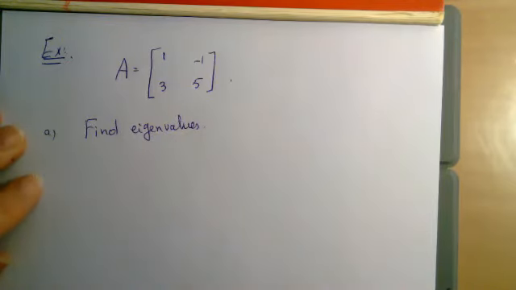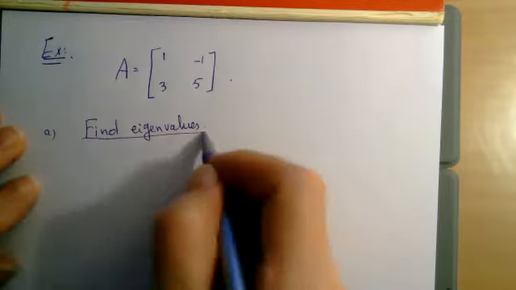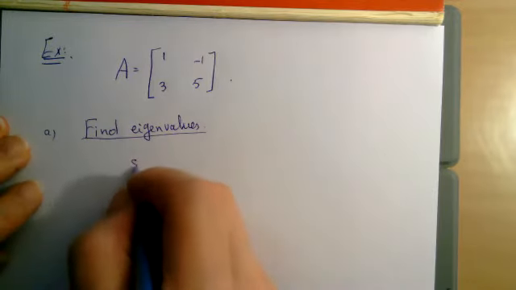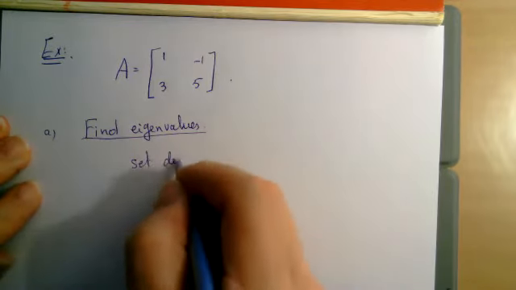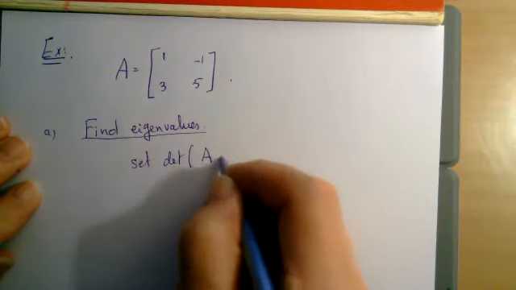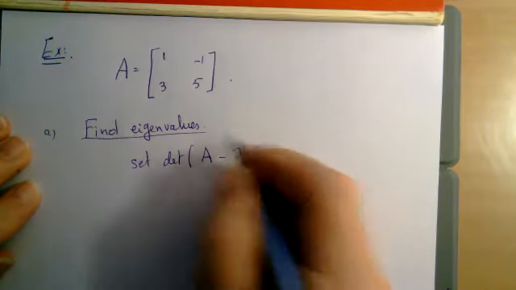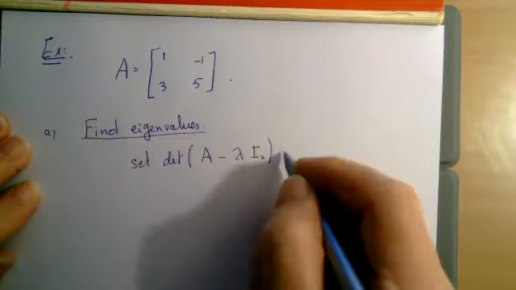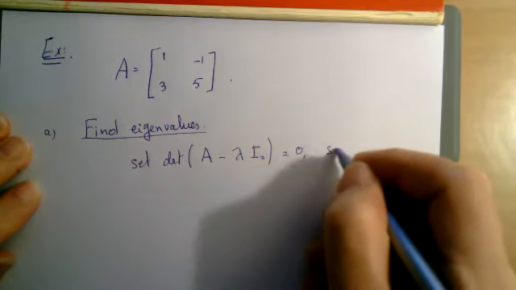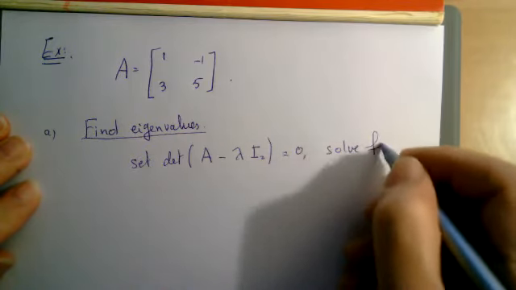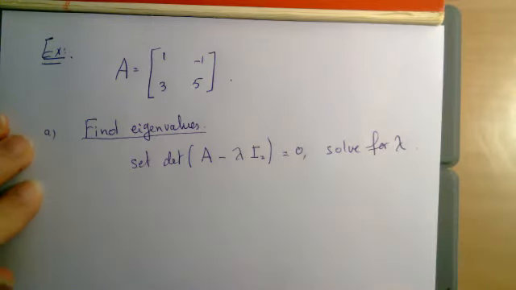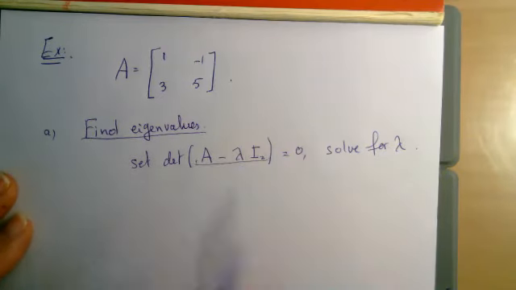Okay, so how do we find them? Basically, we set the determinant of A minus lambda I, this is a 2 by 2 matrix, equal to 0, and we solve for the scalar lambda. So let's do that. First, we have to compute A minus lambda times the identity.